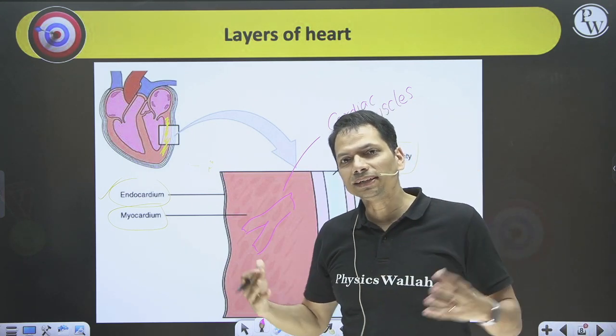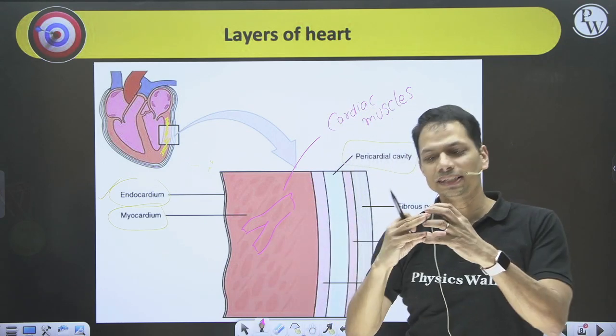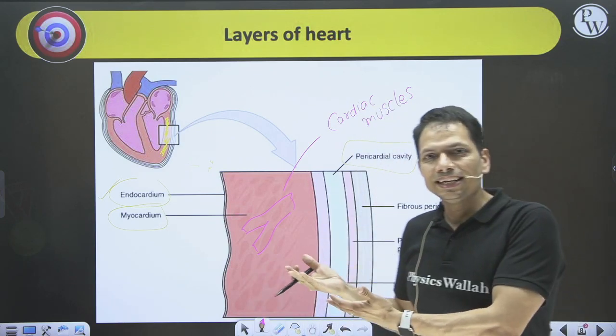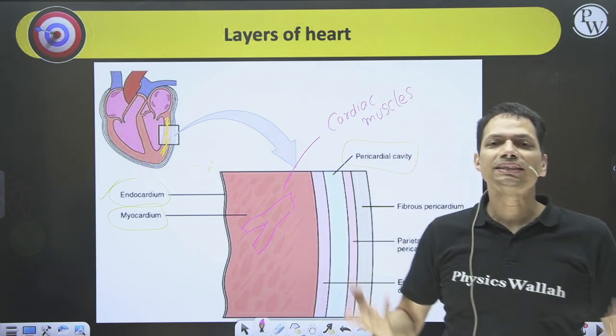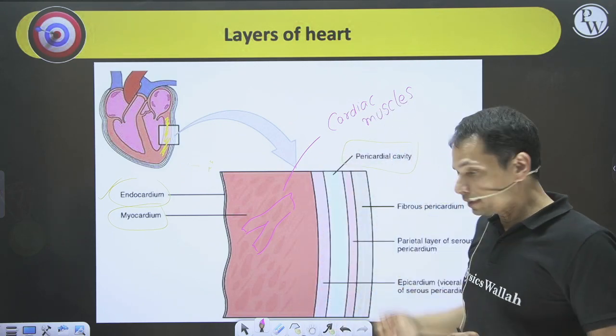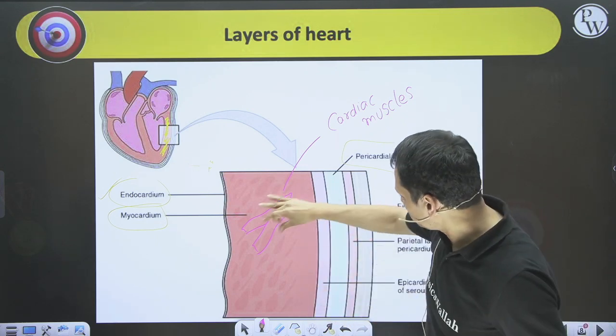It is elongated, so this is basically a cardiac muscle fiber. We call it a fiber because it is elongated, but it's actually a cell. Normally when we think about a cell, we think about a round or rectangular structure, but the cardiac muscle cell is like a fiber. It is elongated and branched.